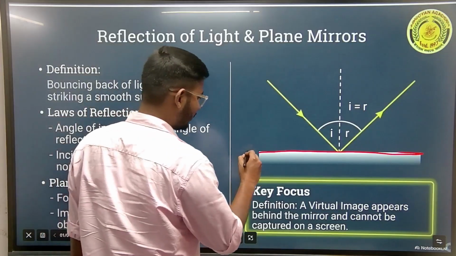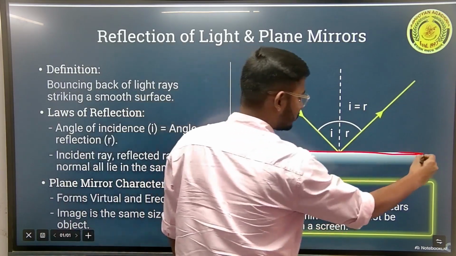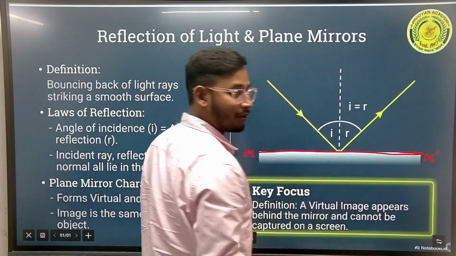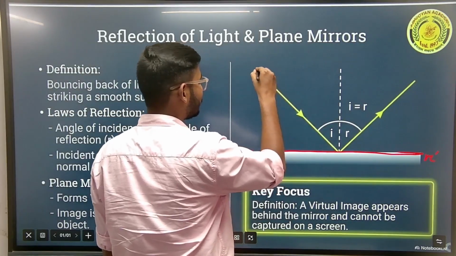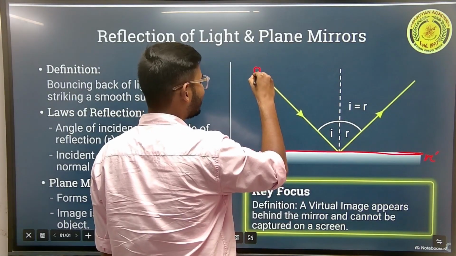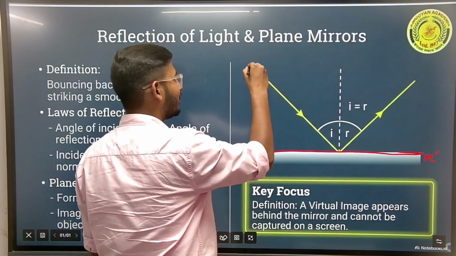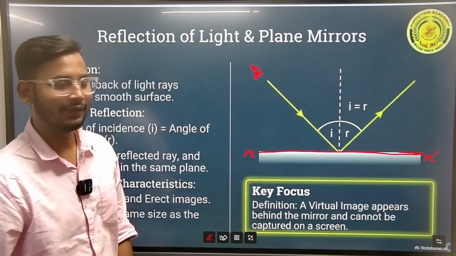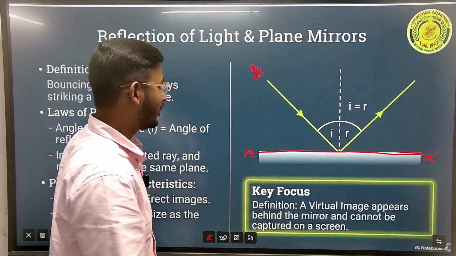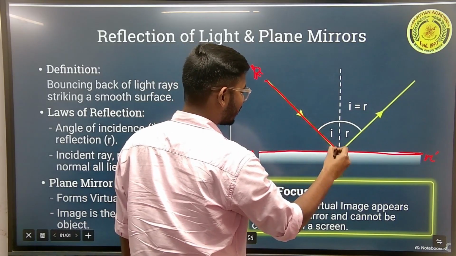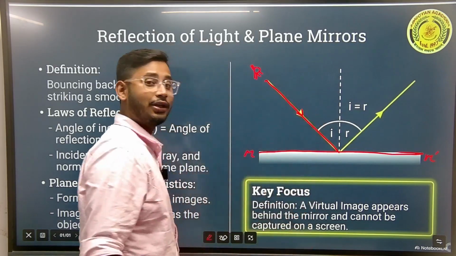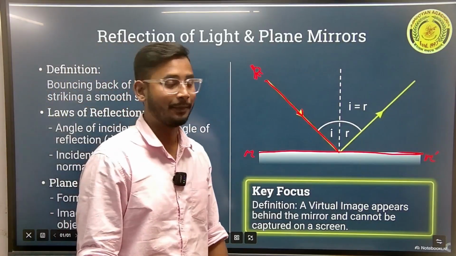So this is a mirror, M dash is a mirror. Now let's say there is a source here, a light bulb, and light is coming from the bulb. The ray which is coming from the source is called the incident ray.